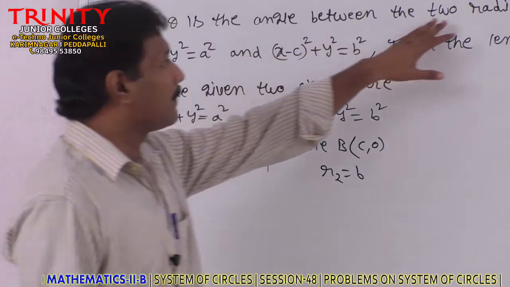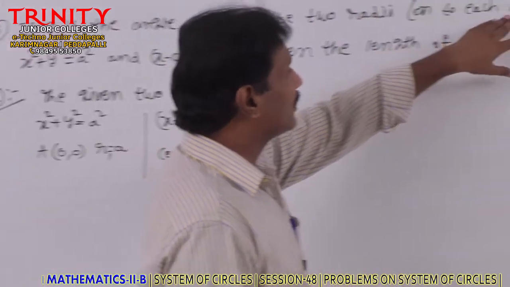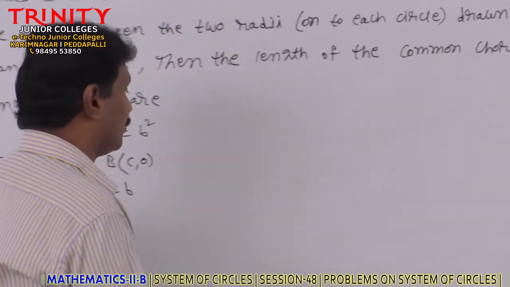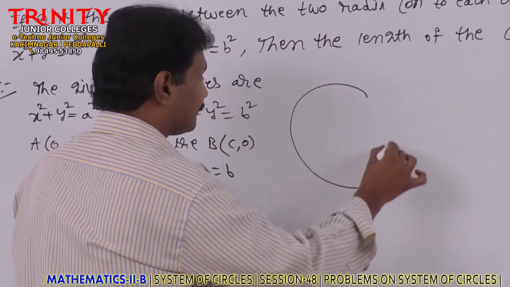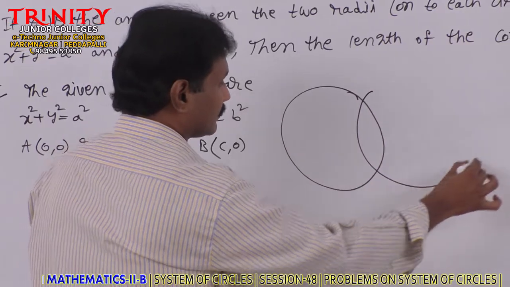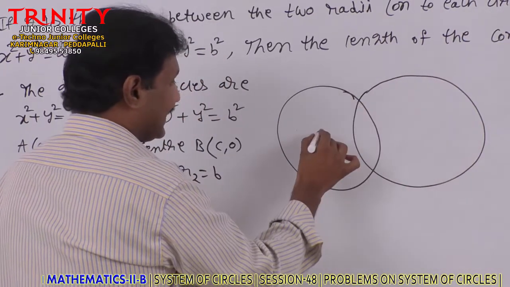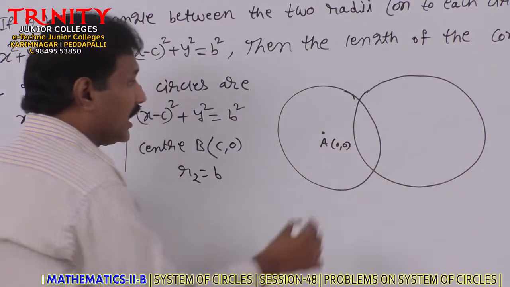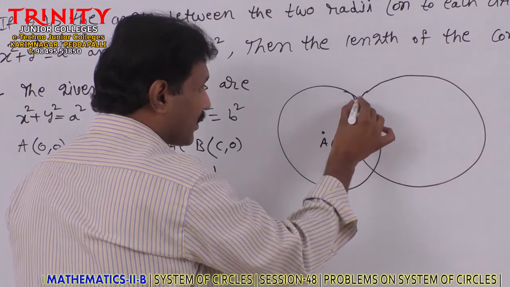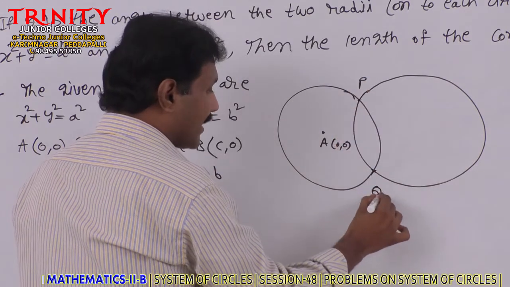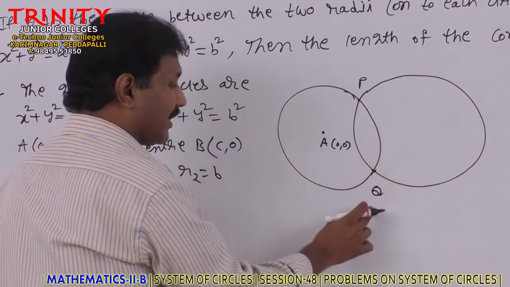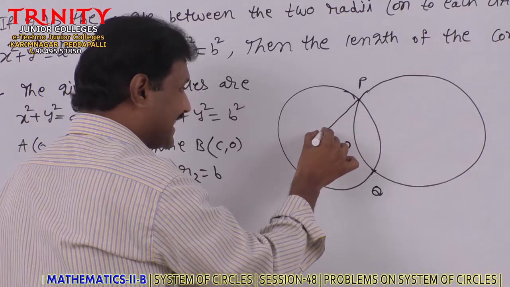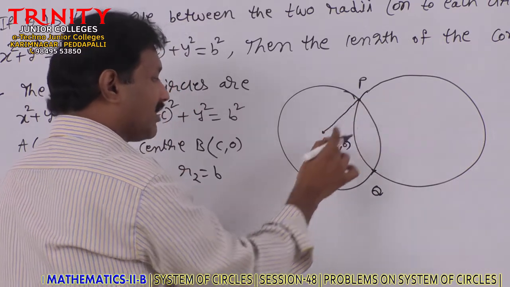Let theta be the angle between the two radii to each circle drawn from one of the points of intersection of the two circles. Let the two circles be drawn. This is center A, the origin (0, 0). We need the radius from one point of intersection. The points of intersection are named P and Q. This is the radius from the point of intersection to the first center.